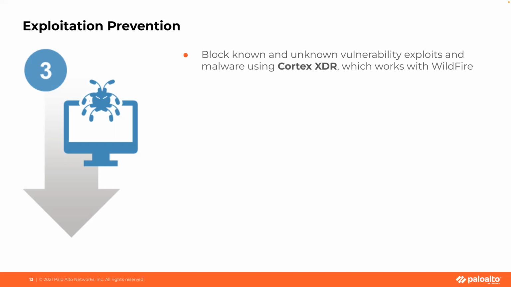So even if it's a zero-day vulnerability that we've never seen before, if there's an exploitation attempt on the endpoint, Cortex XDR can detect it. Be that stack smashing, NOP sleds or heap spraying, all these methods that exploits use regardless of which piece of software they're targeting, Cortex XDR is able to detect and stop on the endpoint itself.